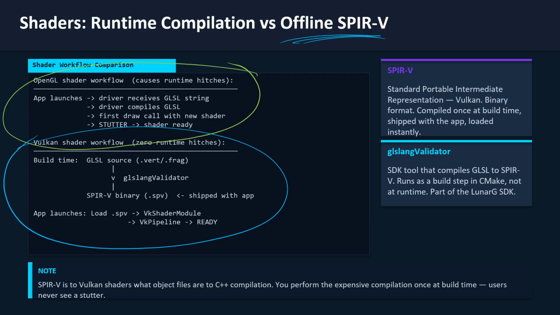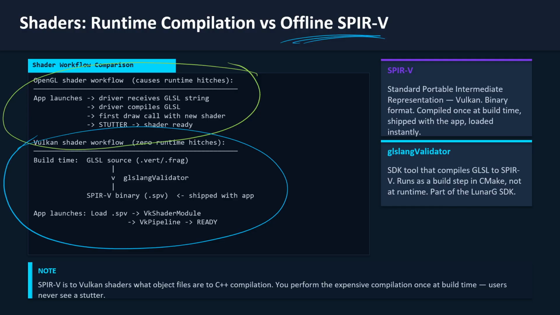I forgot the name of the tool that it uses. It's called glslang validator. What happens here is that during the build process, the developers write their shaders in GLSL. You are still writing your shaders in GLSL.